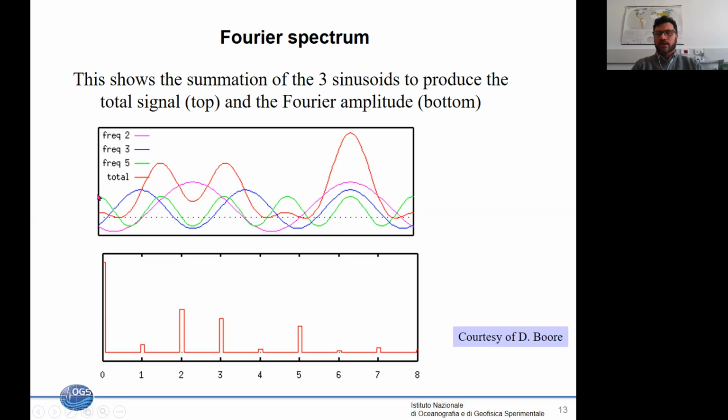So the green is starting from the maximum, the blue from the minimum, and the pink in something in between. So if I take the Fourier transform of the red curve, I would expect to see three clear peaks. One at frequency, let's call it 3, one at frequency, we call it 2, and one at frequency that we call 5, corresponding to the green line.